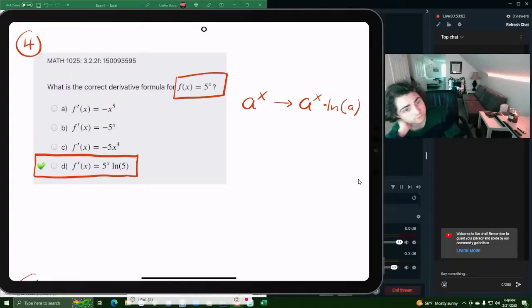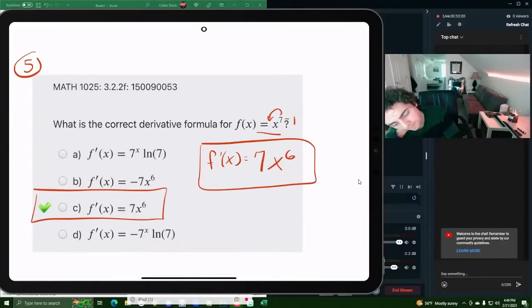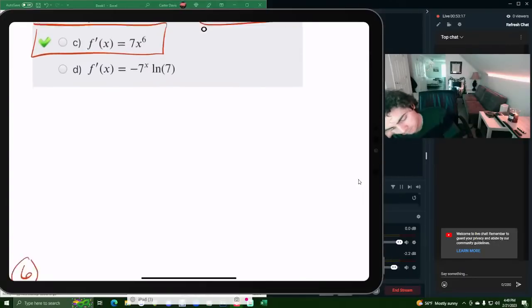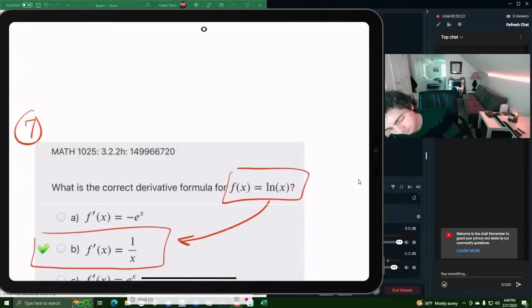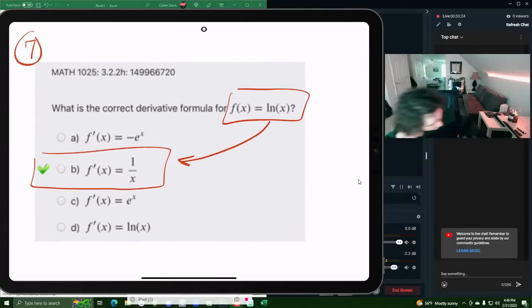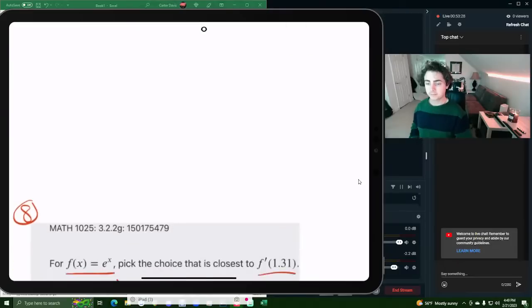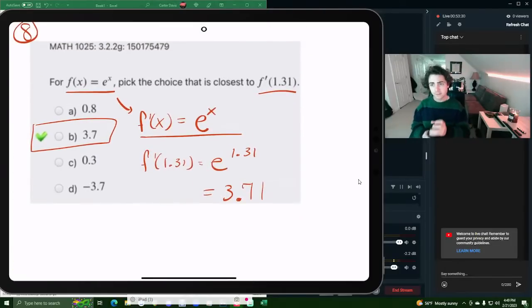Any exponential function with a number raised to the x is that number raised to the x times ln of the base number. Any power function, x raised to some number, we bring out the power, leave the x, and subtract the power by 1. Ln of x has a derivative of 1 over x. E to the x has a derivative of e to the x.